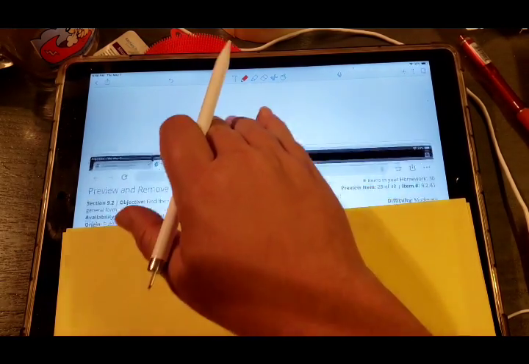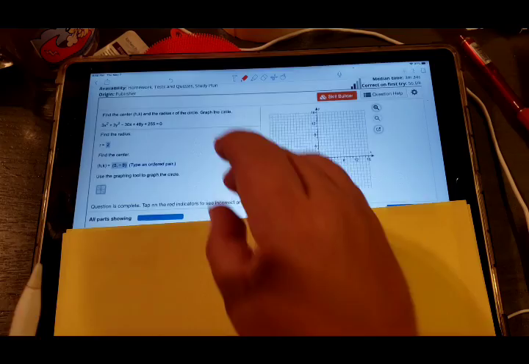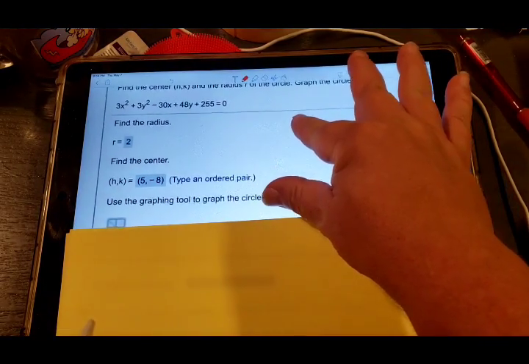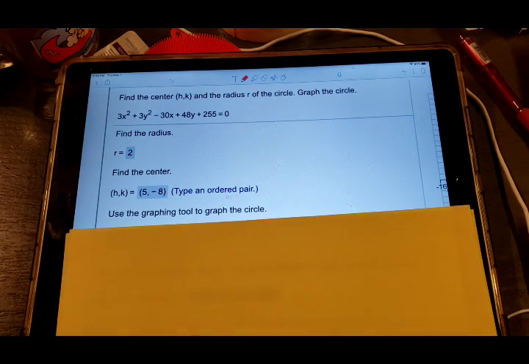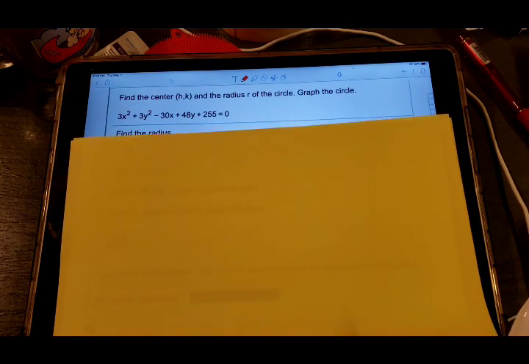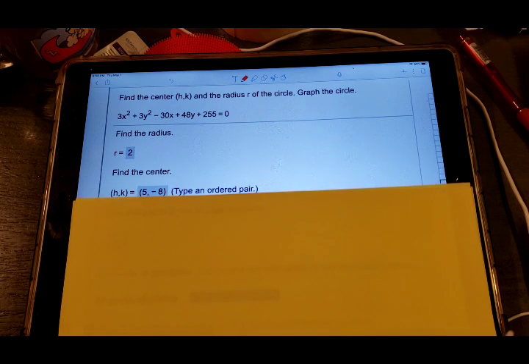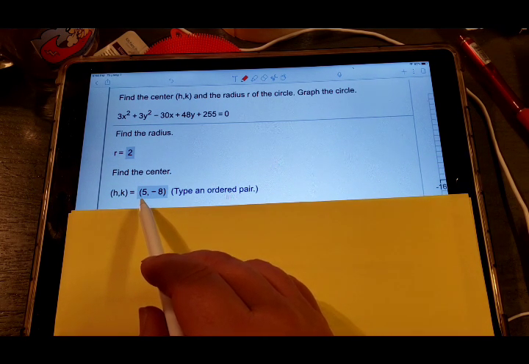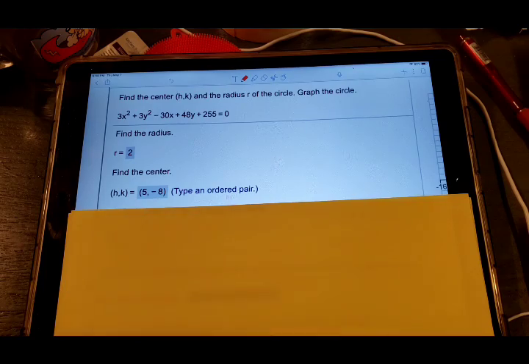I have the problem here that I was just doing. This is the problem as it appears on the homework. Exact same problem I've been talking about. R is 2. We know that h was 5, k was negative 8.